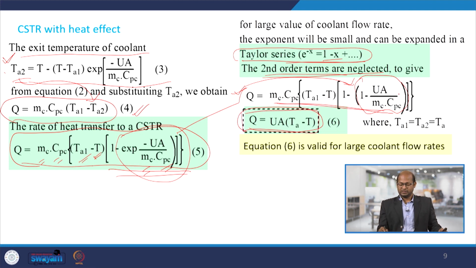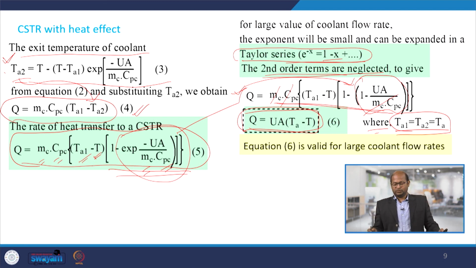Here most of this part, m Cp C, would be eliminated and only Q equals U A (Ta minus T) is left, where we are assuming Ta1 equals Ta2 equals Ta. Ta is the inlet temperature of the coolant.